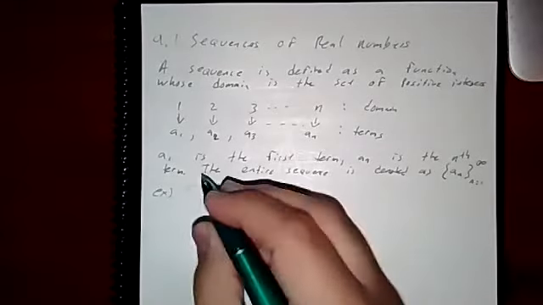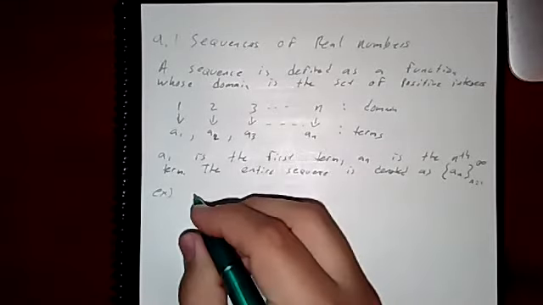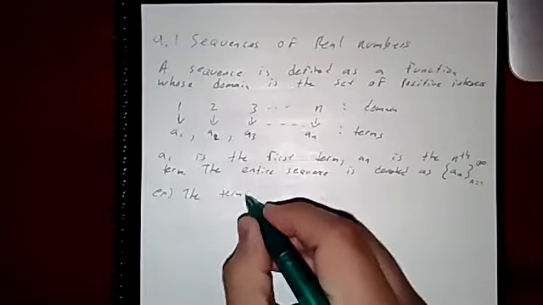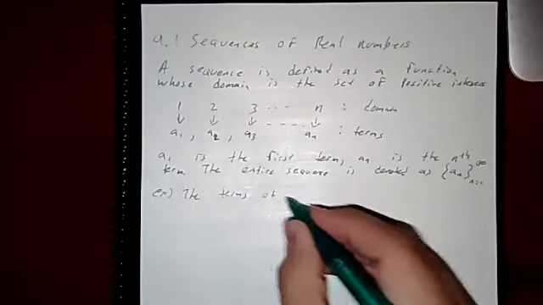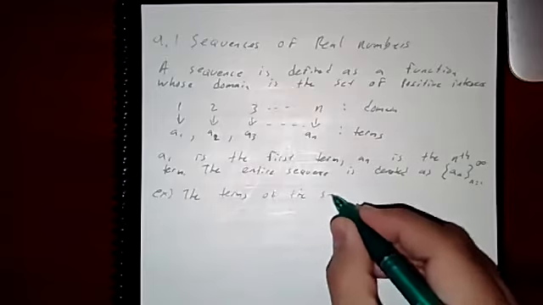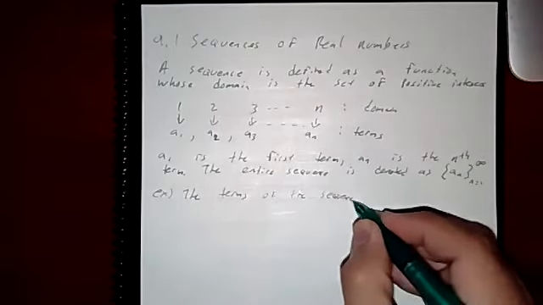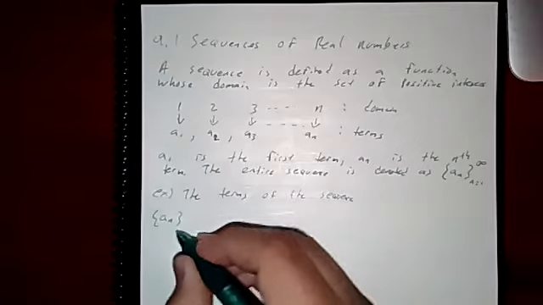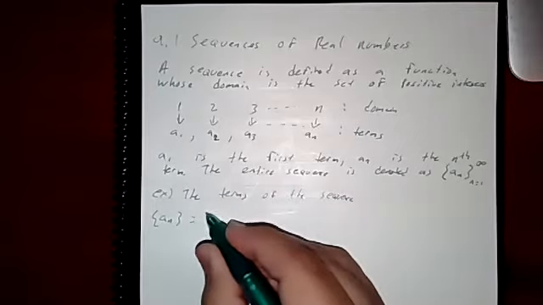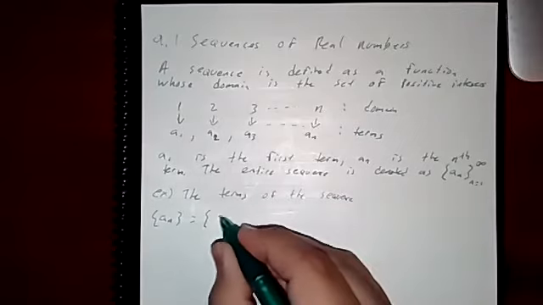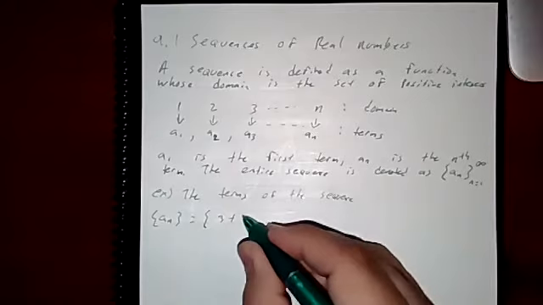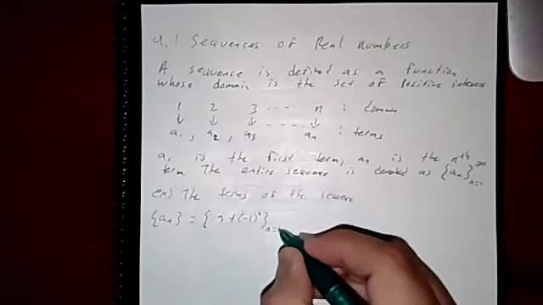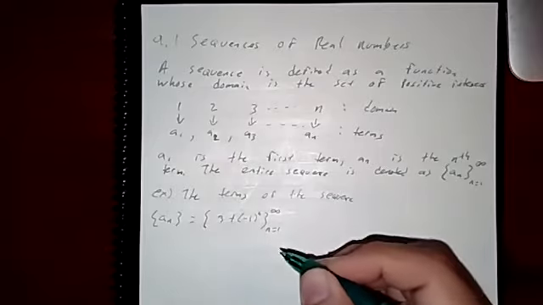So for example, the terms of the sequence a sub n is equal to 3 plus -1 to the n, where n starts at 1 and goes to infinity.